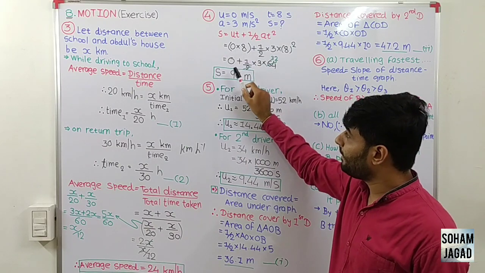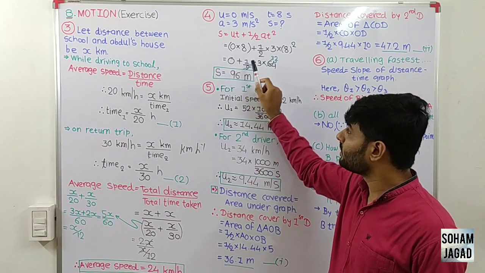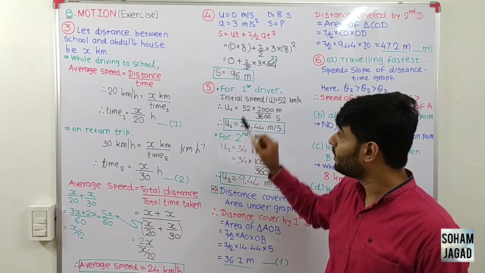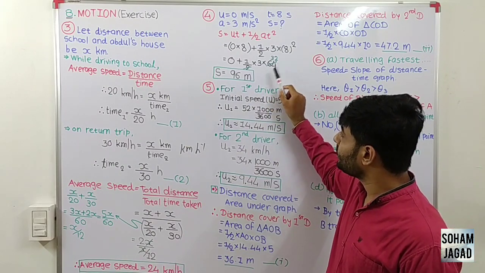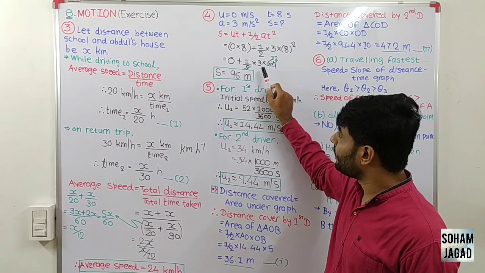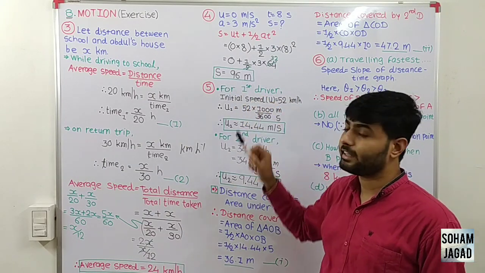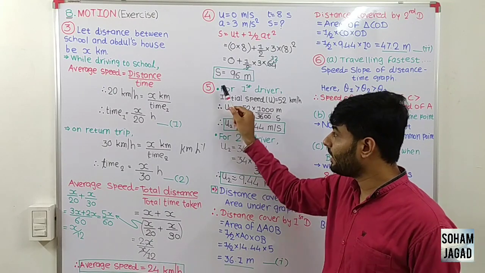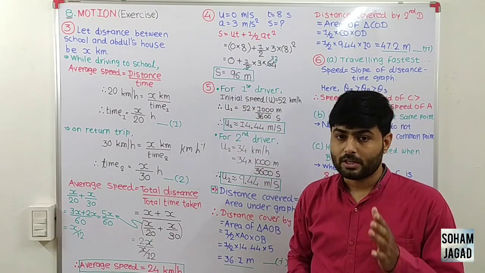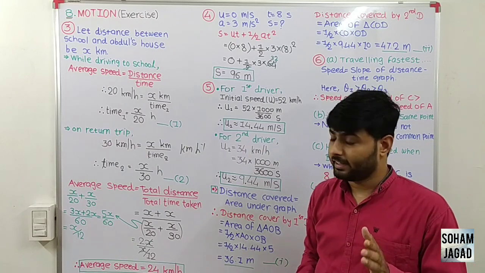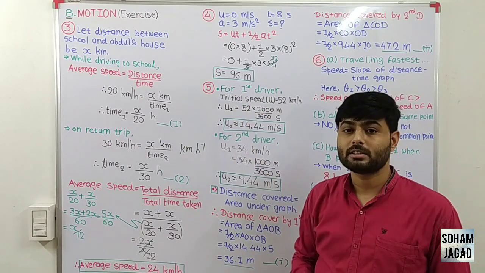So 0 multiplied by 8 is 0, plus half of 3 multiplied by 8 square, which means 64. Half of 64 is 32, and 32 multiplied by 3 gives s is equal to 96 meter. So here we write: distance traveled by the boat in 8 seconds is 96 meter.